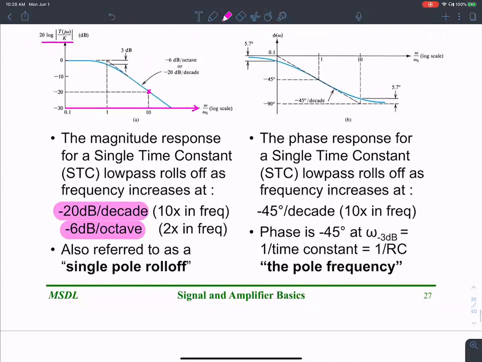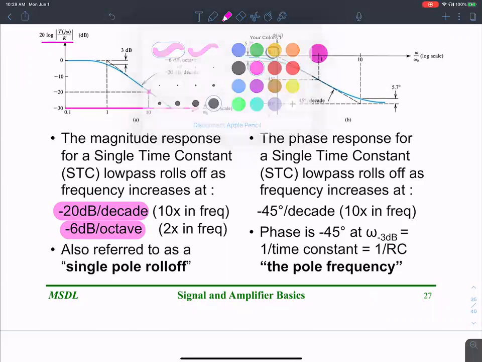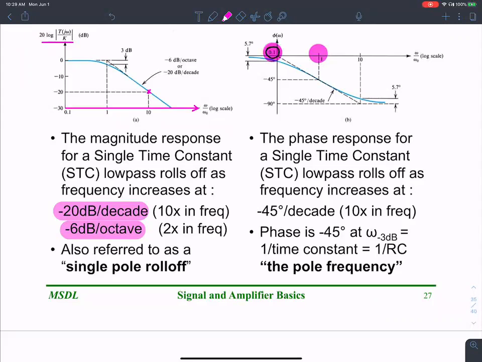When it comes to the phase, it begins to be affected at 10 times below the pole frequency. So that's my pole frequency right here; 1 is the pole frequency shown over there. Now 10 times below that pole frequency is when the phase begins to fall, and it continues to fall until 10 times the pole frequency, and then it stops rolling off.